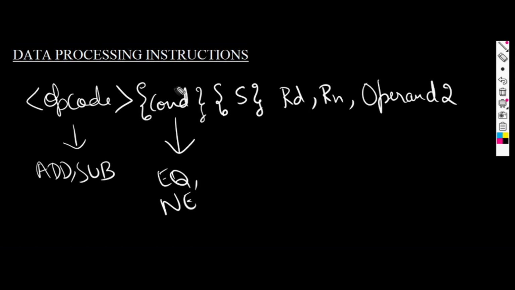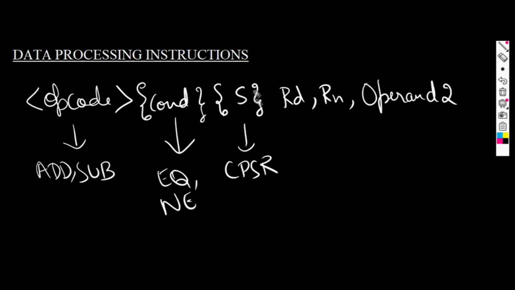This makes sure that this instruction is executed only if this particular condition is true. The optional S flag is used to update condition flags in the CPSR. If S is written in the instruction, it sets the condition flags.